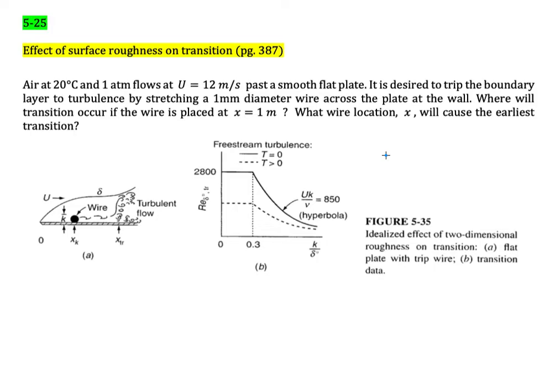In this situation it is very simple: we put a wire, because it is easy for us to change the location of the wire. The wire here is perpendicular to the flow, so we could change the location to control the turbulent flow.